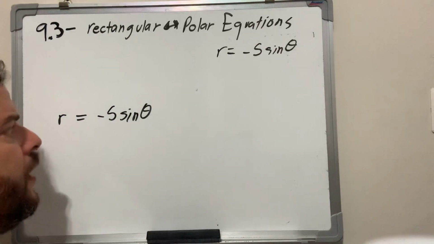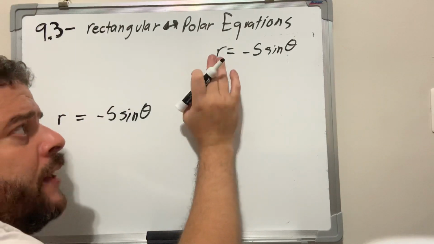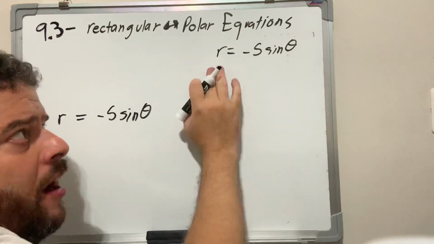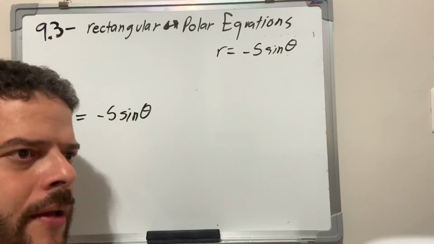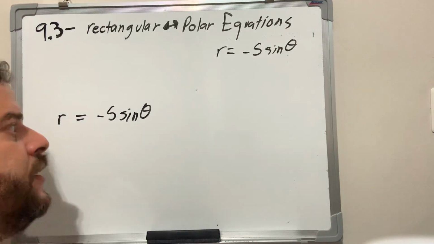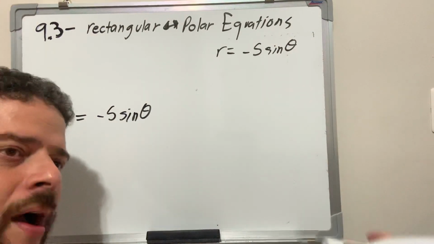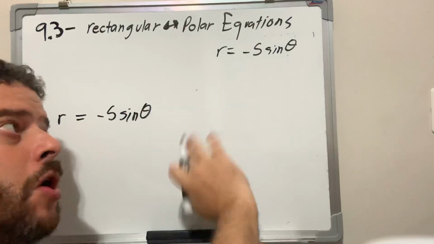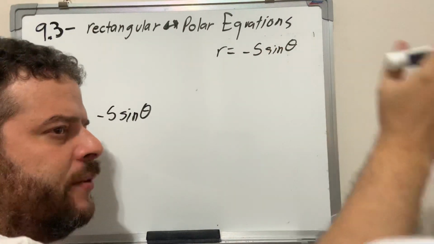So here's the clue. Anytime you're given an r on one side and a sine on the other, notice two things. There is no way to go from an r to x's and y's. And there's also no way to go from sine to x's and y's.